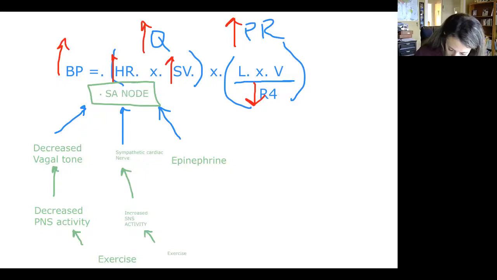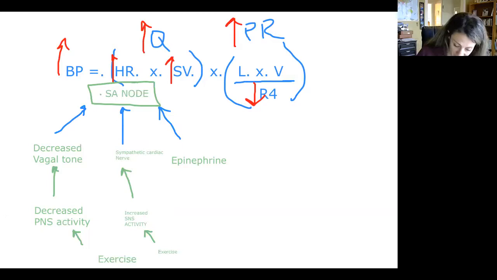Okay, so you start exercising, that increases your sympathetic nervous system activity, which acts through the sympathetic cardiac nerve to act on the SA node to increase your heart rate, which increases cardiac output, which increases blood pressure. We okay with that? Okay, stop me if you have a question.